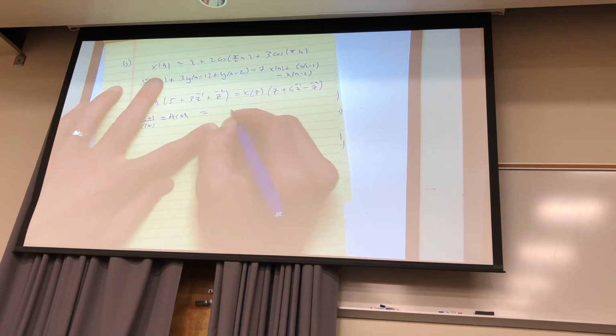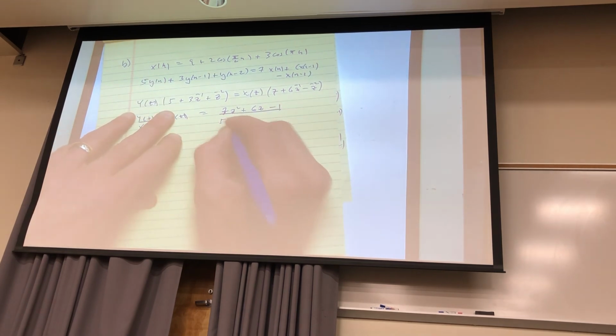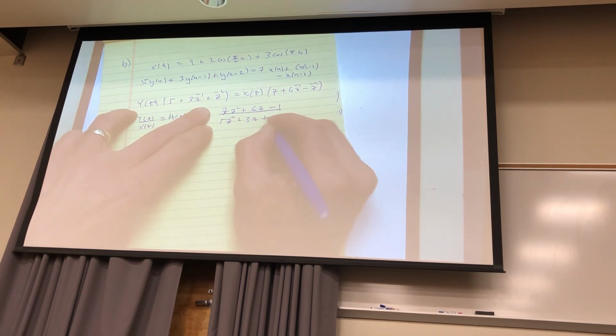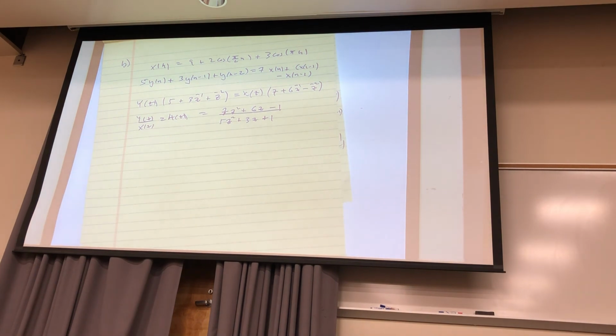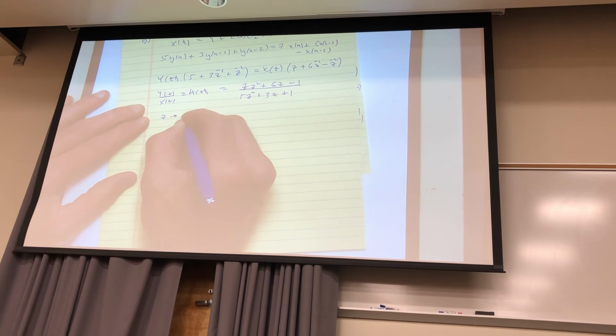So that's equal to 7 right there, and that would be z squared plus 6z minus 1 over 5z squared plus 3z plus 1 as such, right? And then you replace z with e to the j capital omega.